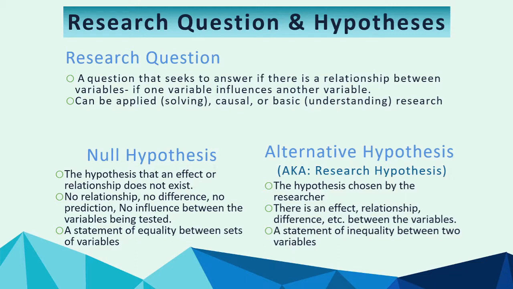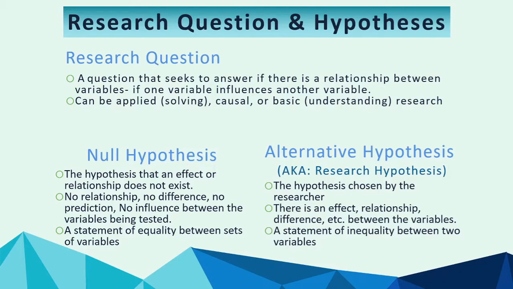Or you could say that the variable of watching TV and the variable of grade have a relationship there, that they do correlate, or one does affect the other. So there's a few different ways you could answer that alternative hypothesis. And as a researcher, you would select one. When we're presenting our research, we present our research question, we discuss what the null is, and then we say what we are going to hypothesize as our research.